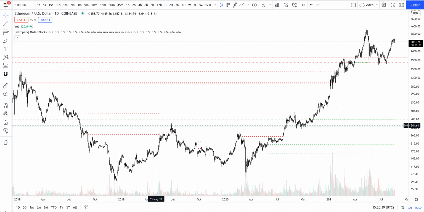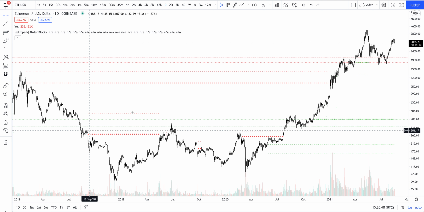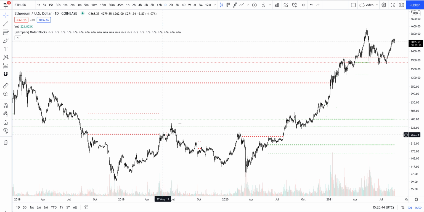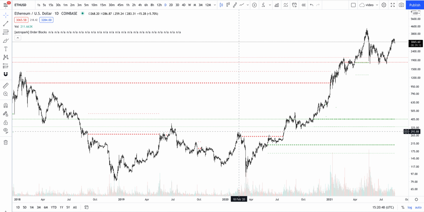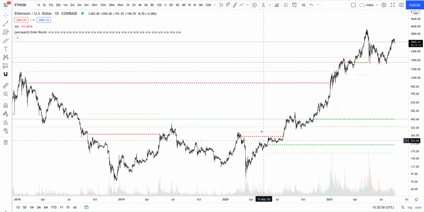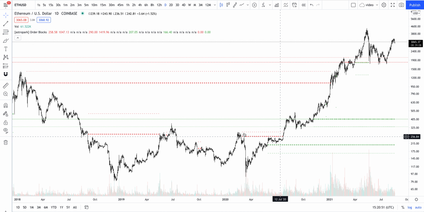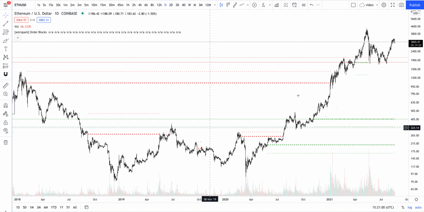So in this case, for example, you can see that this supply zone was hit and price went down. The same happened here. Price was just locked down by this supply zone, and once a demand appeared here, the price bounced, was consolidating, and then a big breakout.